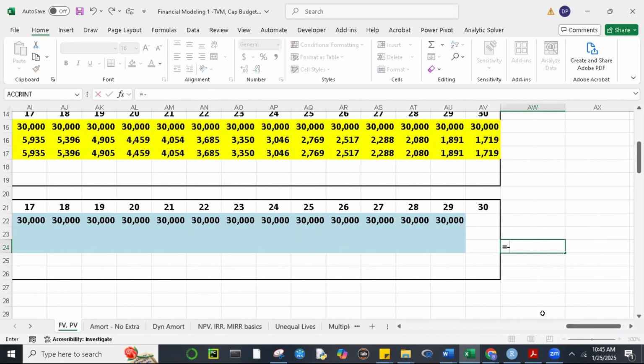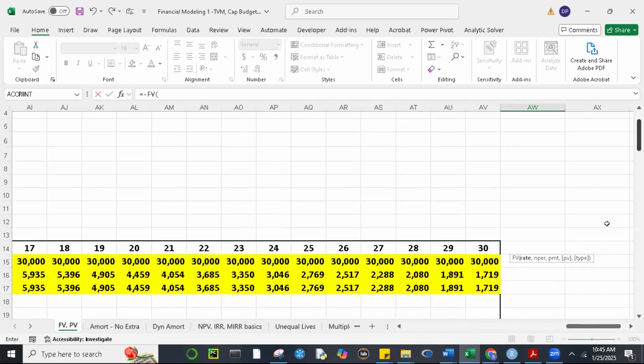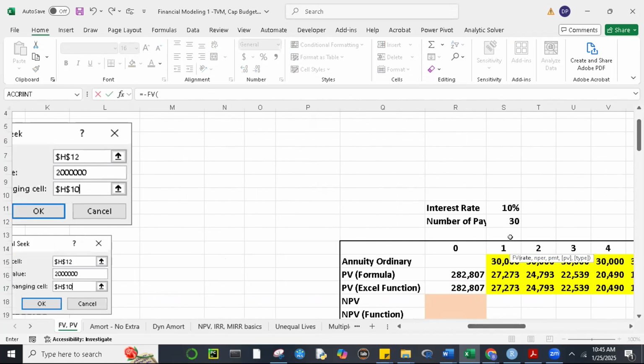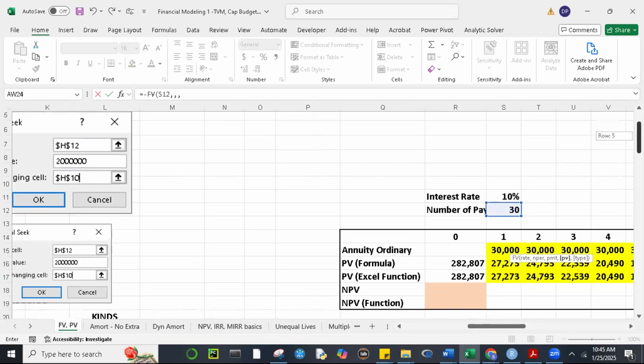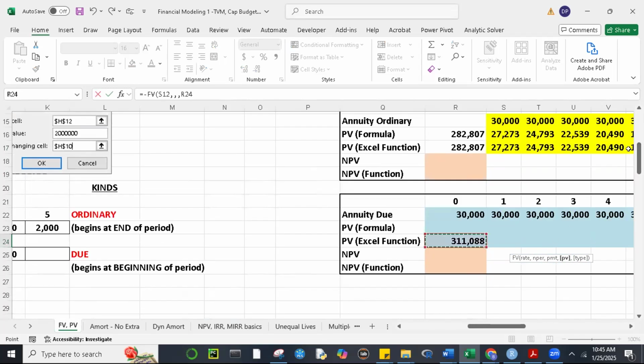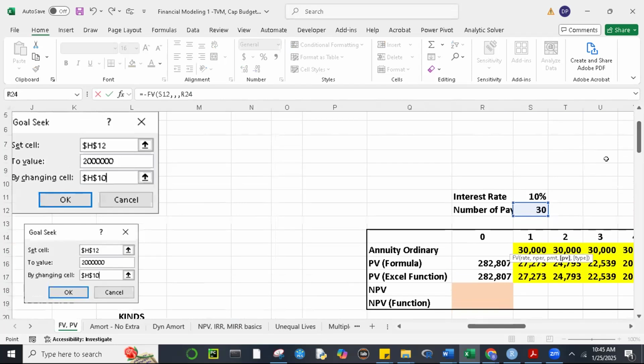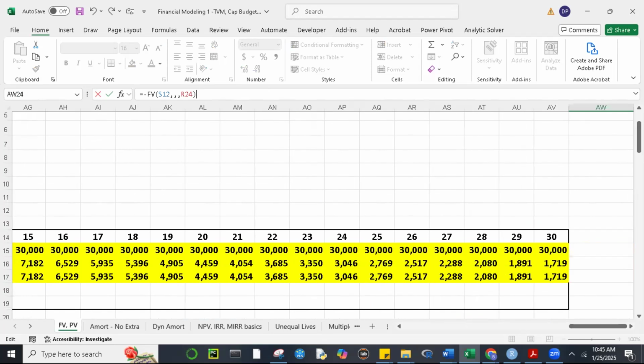It's equal to negative FV, right? The rate is 10%, comma, N per is 30, comma. PMT, we're not using PMT, but rather we're using the present value here, and then ignore the type.